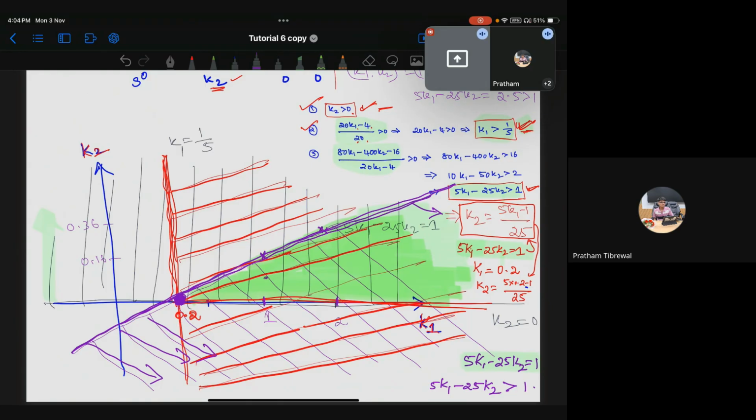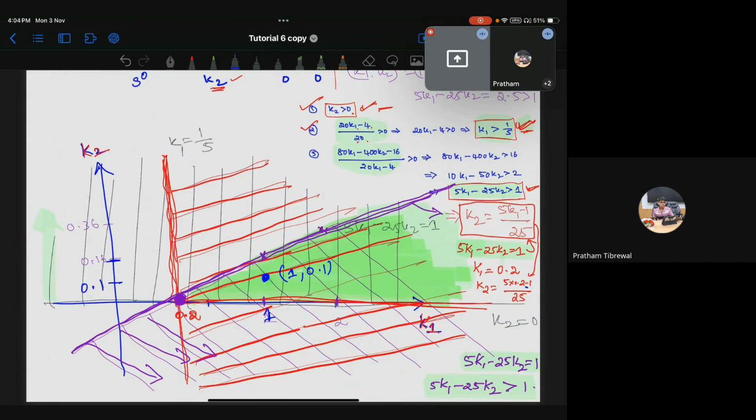Now greater than 1. Substitute any value, let's say 1 comma 0.1.